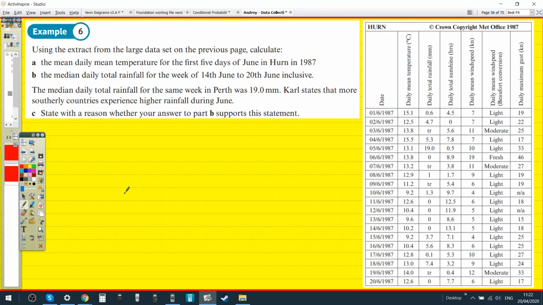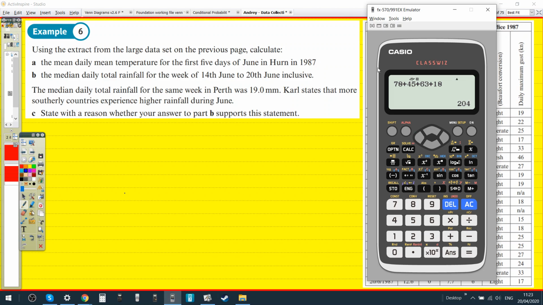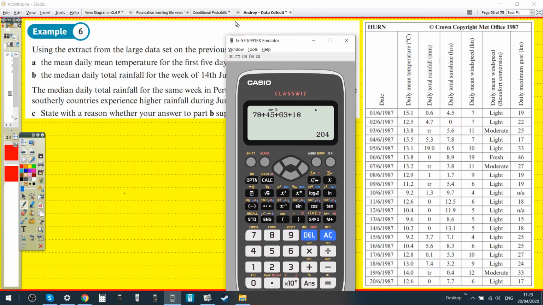So I'd need to add up 15.1 and the 4 other numbers and divide them by 5. Yeah, try that. The mean temperature first 5 days in Hearn in 1987. Sorry, in June. Yeah.